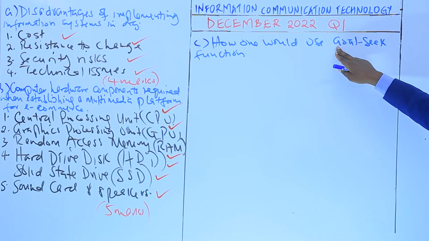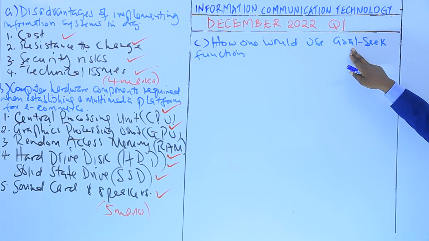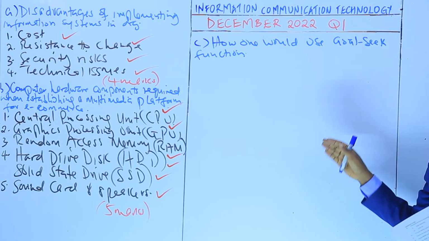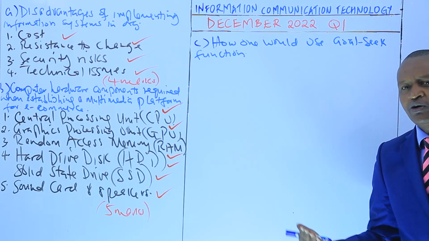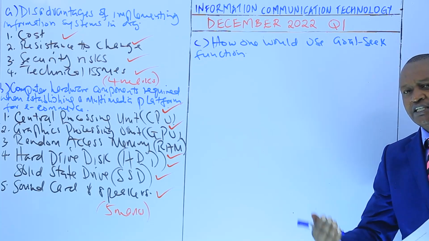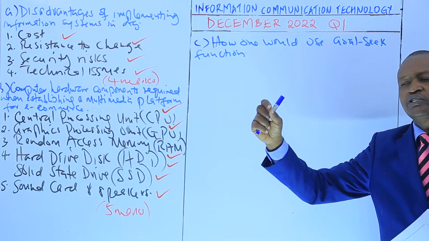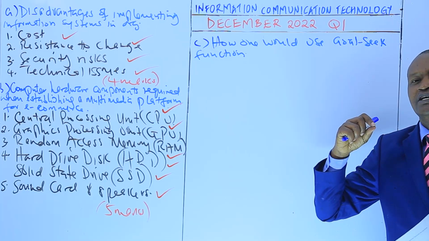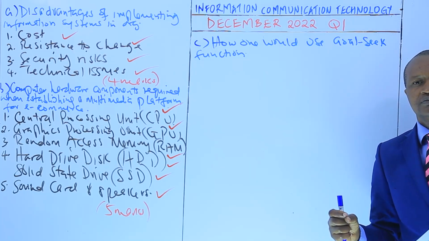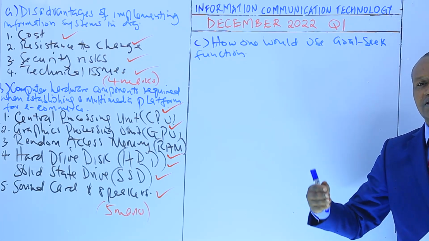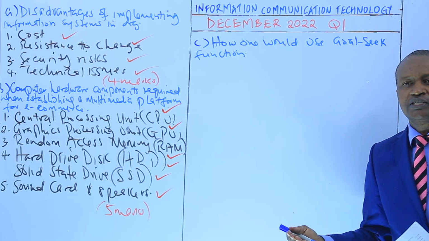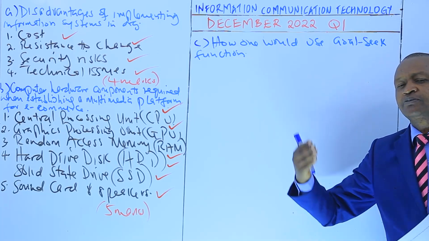That's why it is referred to as goal-seek. For example, let's consider a business that wants to determine the number of units it needs to sell in order to reach a desired profit level. And we know businesses have fixed costs, variable costs per unit, and even the target profit amount.